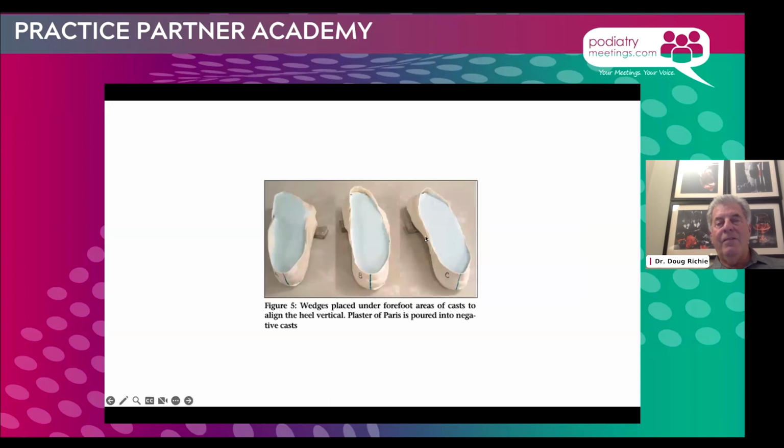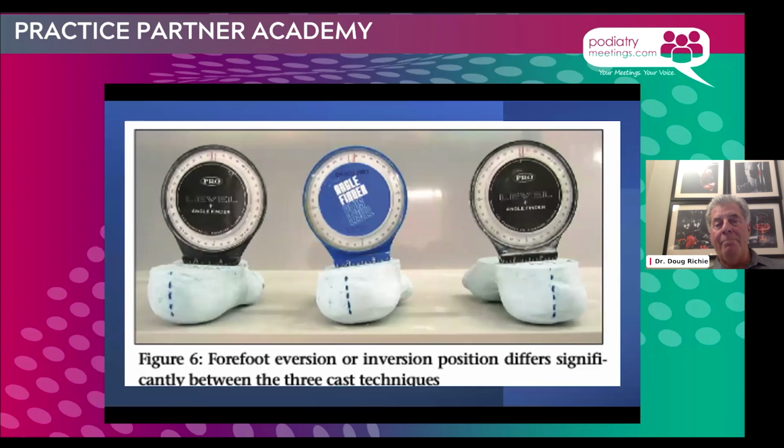So when the lab gets these casts and balances them, they're going to balance these two casts inverted at the forefoot or supinated at the forefoot, and this foot will be captured as it truly has a forefoot valgus deformity. The problem is this patient truly has a forefoot valgus, but because of an error in casting, they're going to be positioned with their corrective orthotic with a forefoot varus post, which will supinate the forefoot on the rear foot and encourage rear foot pronation.